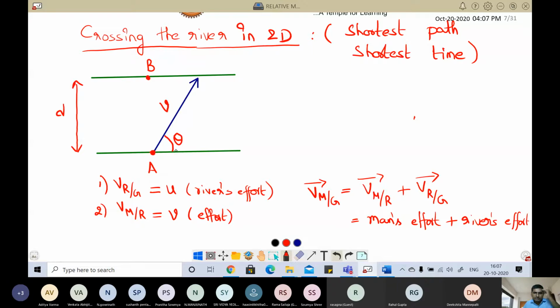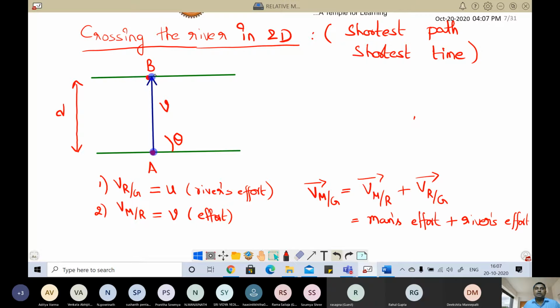This theta will vary depending upon whether you want to cross the river in the shortest path or in the shortest time. Yesterday we saw that if you want to cross in the shortest time, you have to cross perpendicular, so theta will become 90.